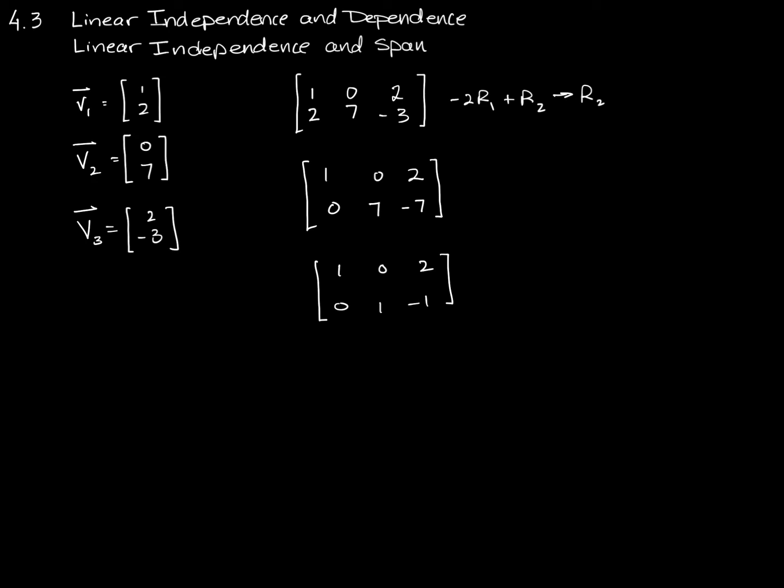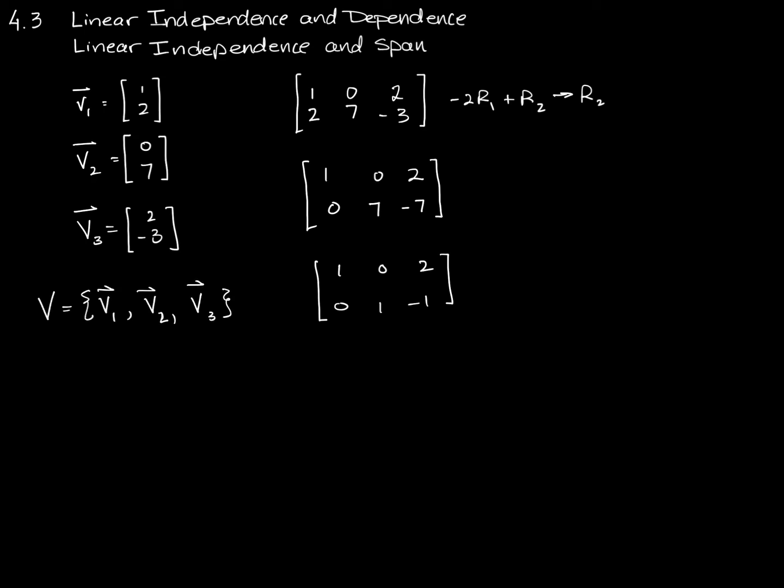So what that tells me, first of all, let me make a couple of things clear. I'm going to say the set of vectors V is equal to these three vectors, v1, v2, and v3.